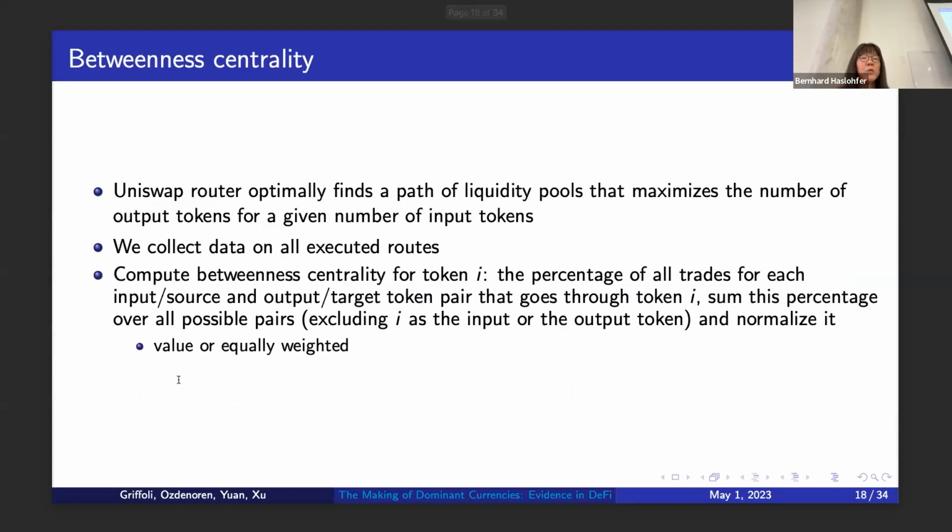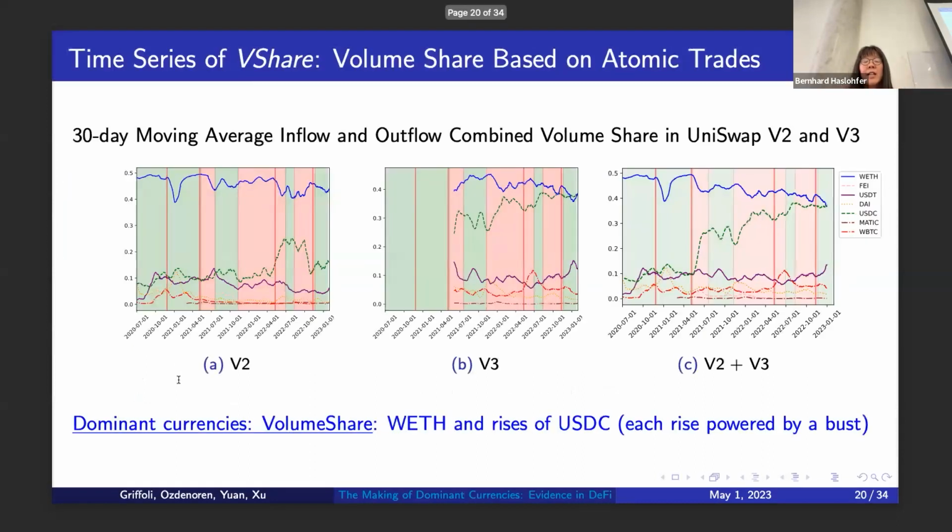I will not go over how to construct betweenness centrality and eigenvector centrality. They are standard, following the network literature. Let's just see what we have learned. So this is the time series of volume share based on the ultimate volume.